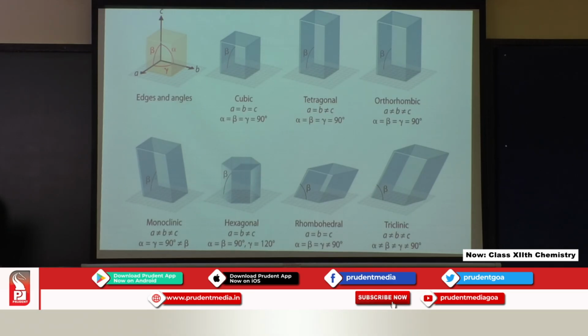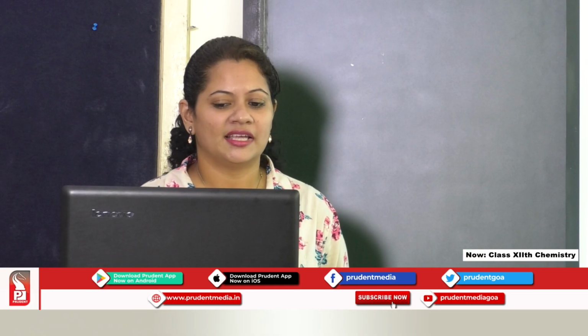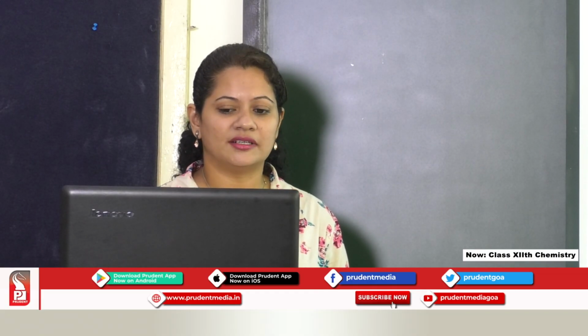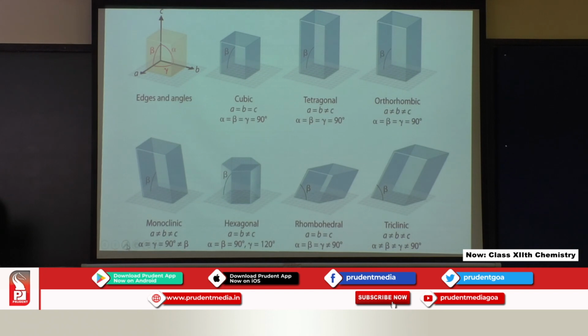The 7 crystal systems are cubic, tetragonal, orthorhombic, monoclinic, hexagonal, rhombohedral and triclinic. Let's take an example of the cubic crystal system. We see here that the 3 edges a, b and c are all equal to each other and the angles alpha, beta and gamma are all equal to each other, that is equal to 90 degrees.